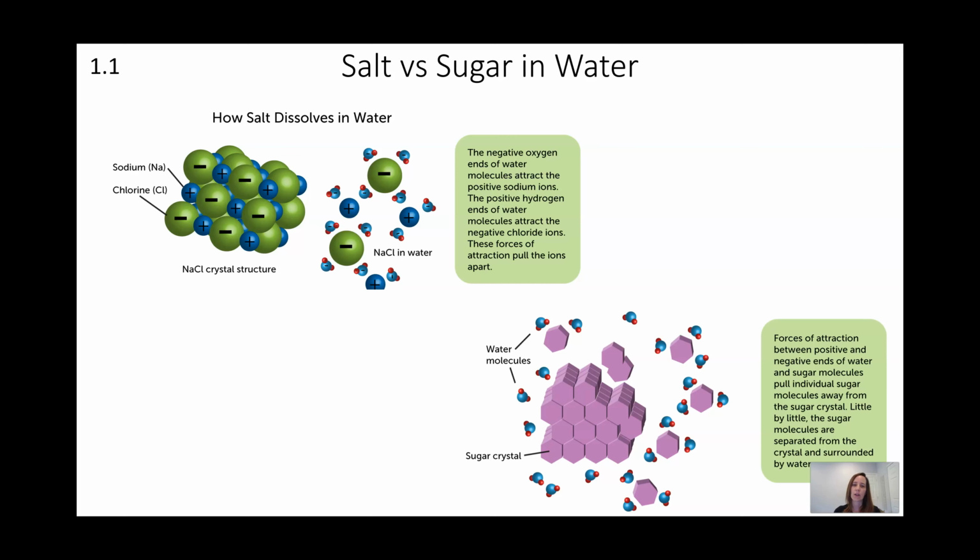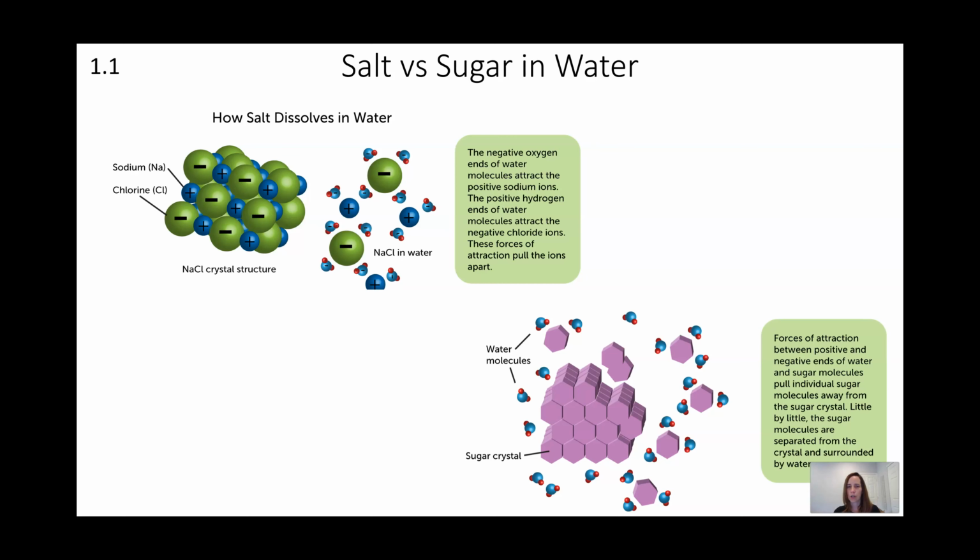What happens here is this completely dissociates in water, and the polar water molecules surround those ions in a way that the partial negative portion of water, the oxygen, points towards the positively charged sodium ions, and the partial positive hydrogens in water surround the negative chloride ions. And you can see that in the diagram.